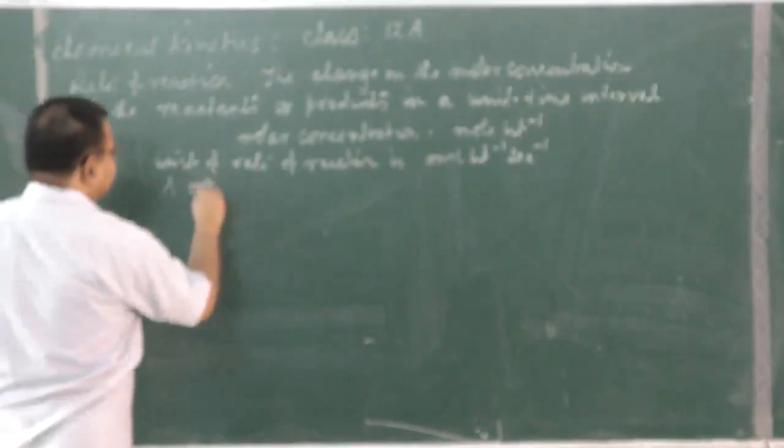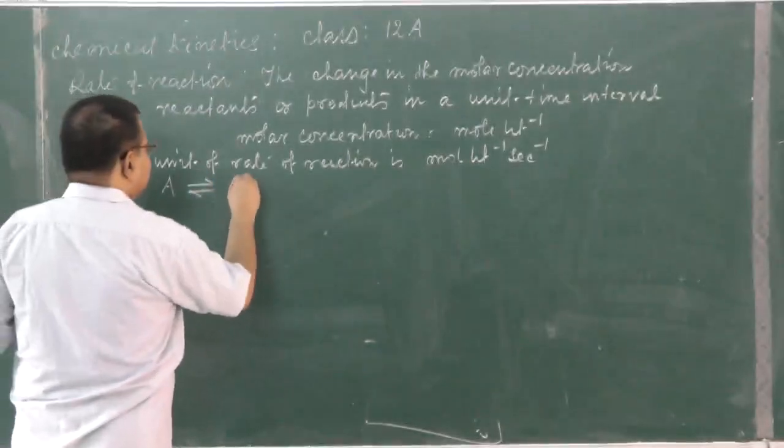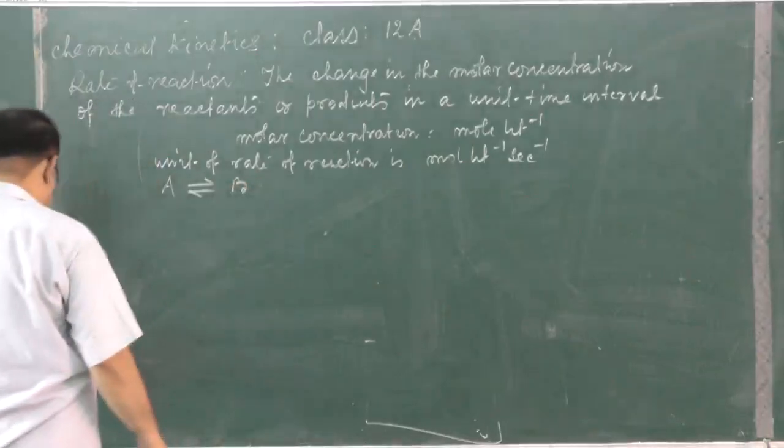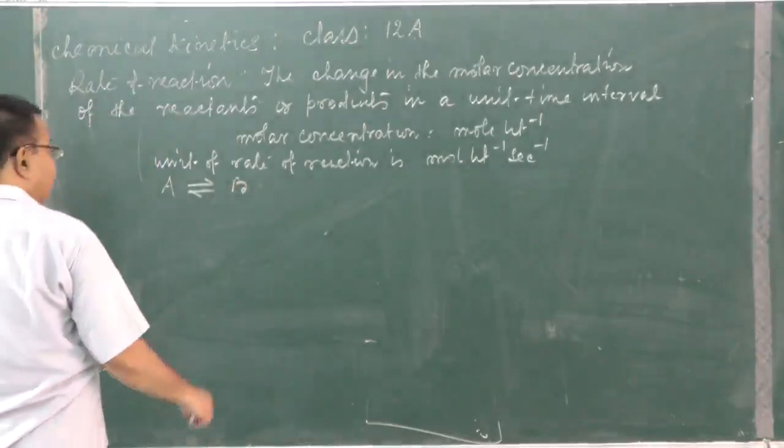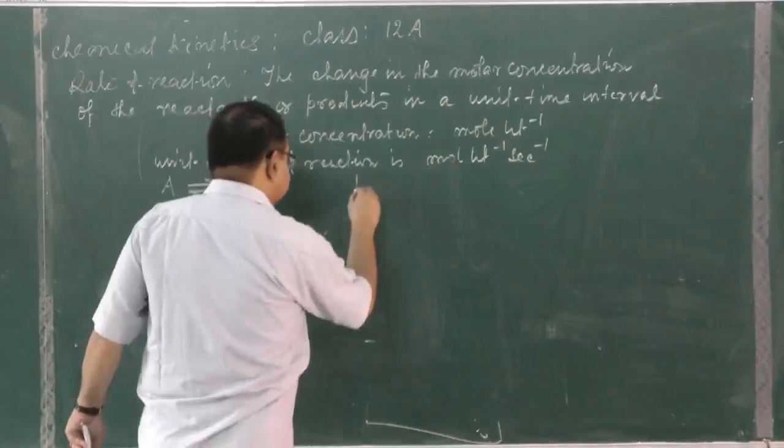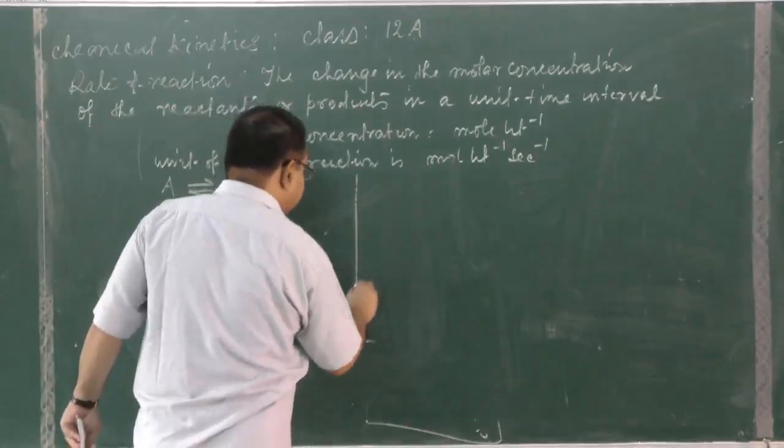Now consider a reversible equation, A reversible to B. This type of diagram you have done also in chemical equilibrium.